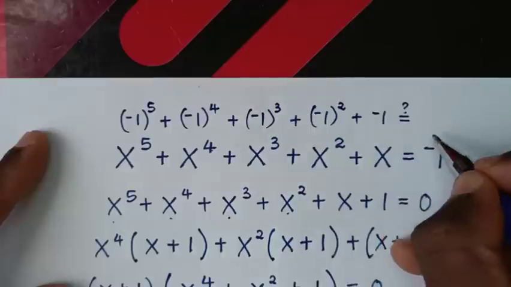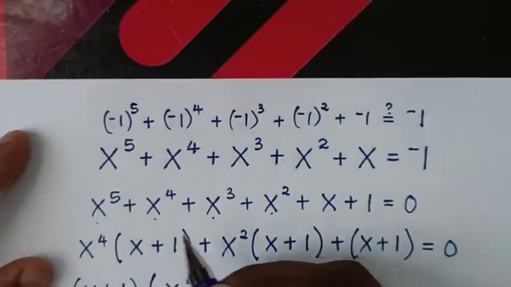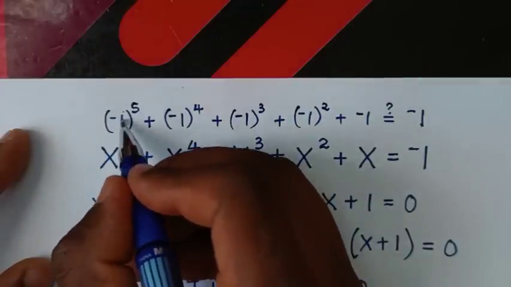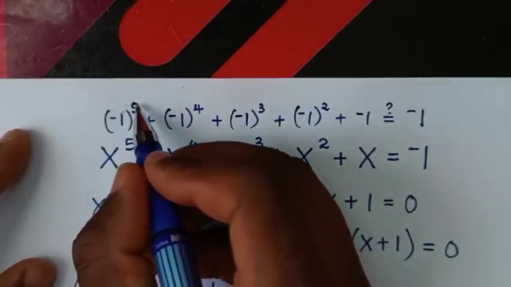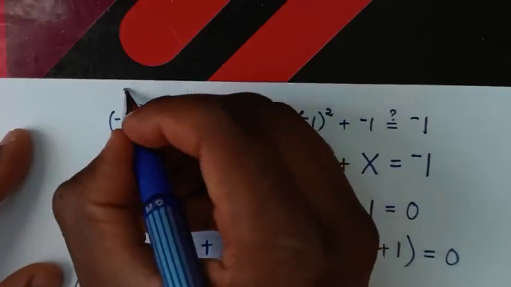Is it equal to this -1? Now into here, -1 power of odd number, which is 5, is still -1.